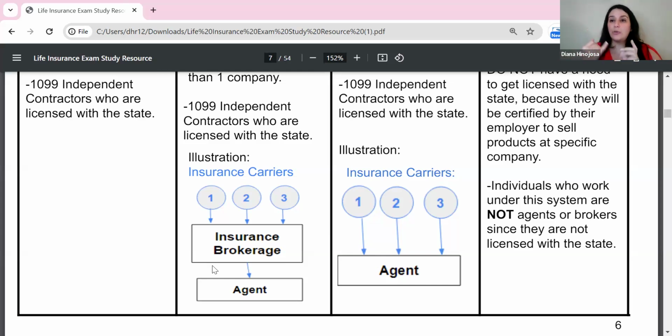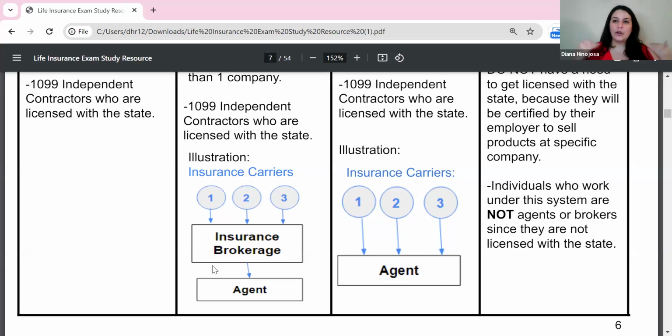All right, here you typically have a manager, you have that insurance brokerage, that parent company. If you need help, you need support, you need training, they are going to be there for you. They're going to help you. And then you also have your carriers that you can call for support and help as well. All right, so this system, you get a lot of training, you get a lot of support.